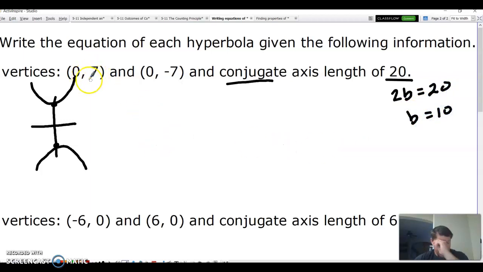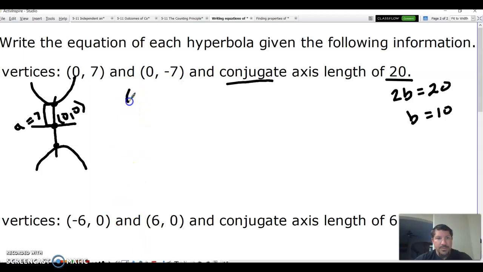Halfway between these two is 0, 0, so our center is at 0, 0. Since the distance from there to there is 7, A is equal to 7. Oops, up and down means y, right?